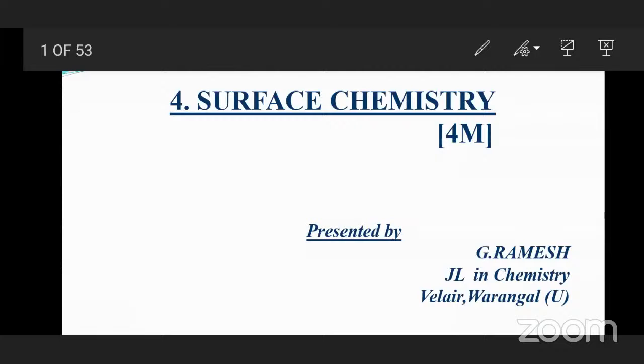Here the chapter carries 4 marks according to your previous question papers. What is the meaning of surface? You know already, surface is nothing but the upper layer, the upper part, where chemical reactions take place at the upper layer of the bulk of solids and liquids. Those chemical processes are read under surface chemistry.